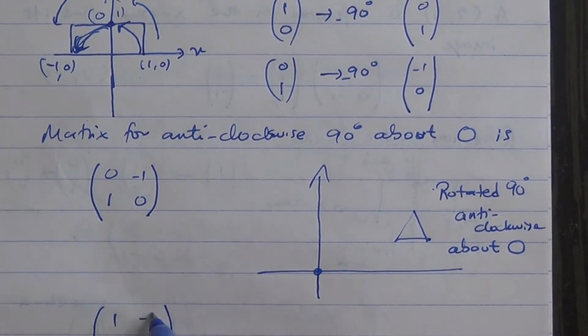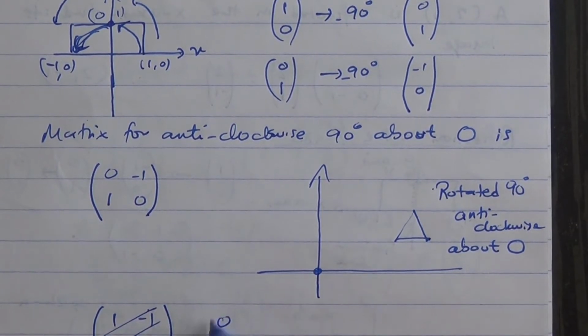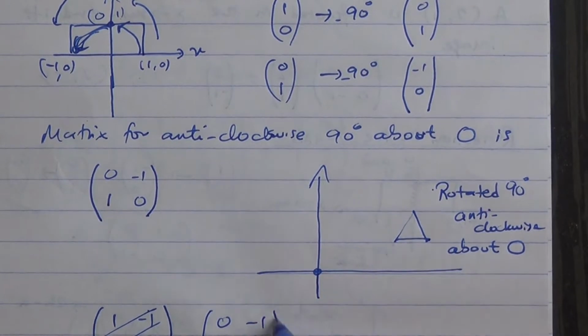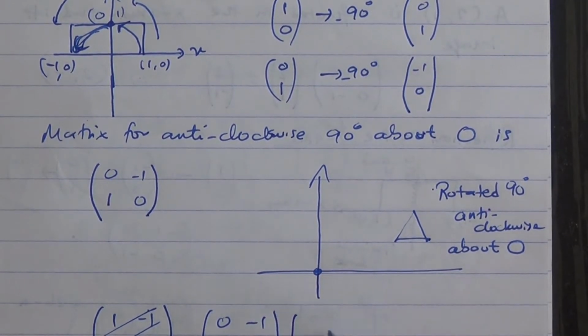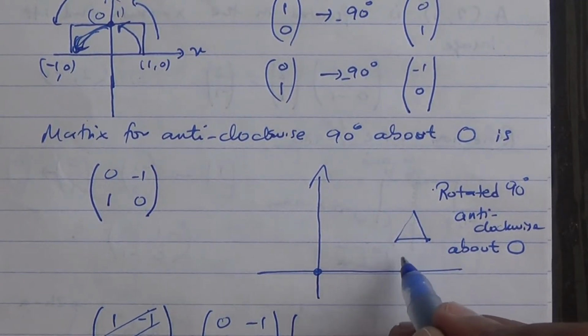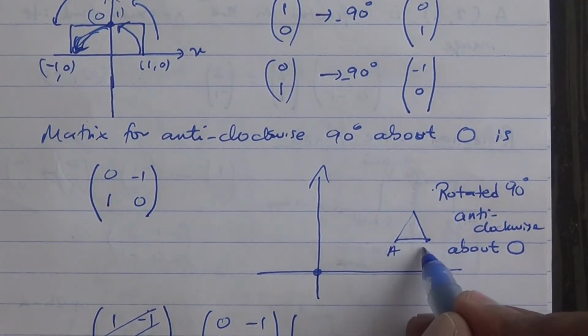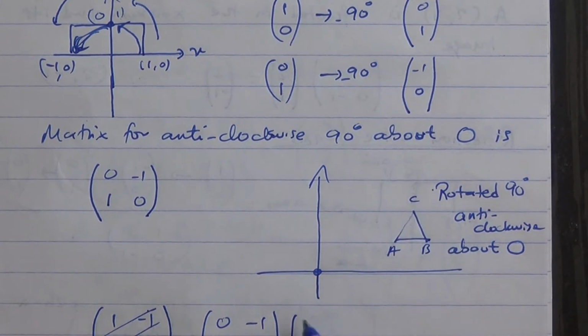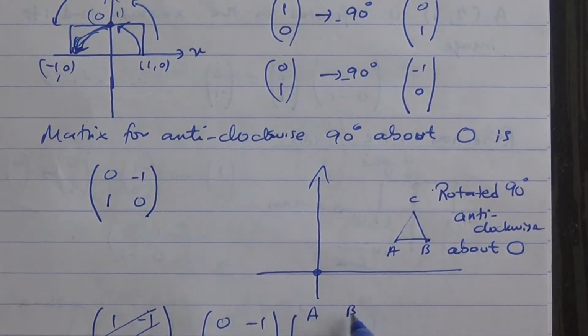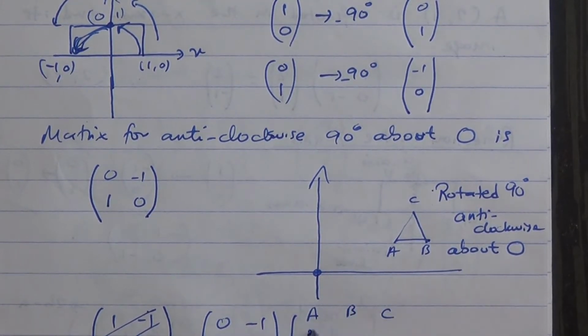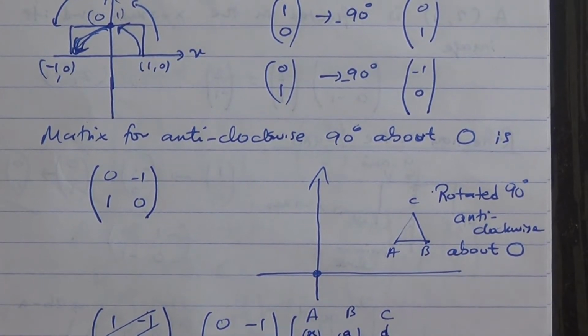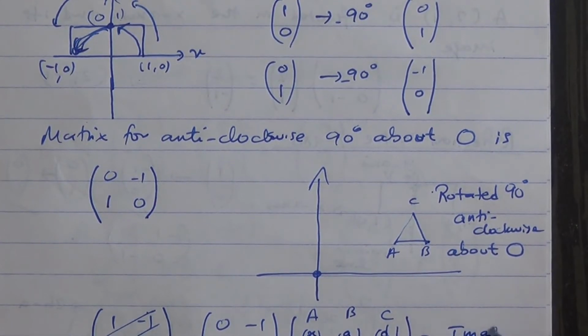0, 1, minus 1, 0, and you multiply by all the coordinates of the triangle. So you might have coordinates A here, coordinates B here, coordinates C here. Alright, so you multiply by coordinates A, B and C. Then you're going to get the image of each of these coordinates.